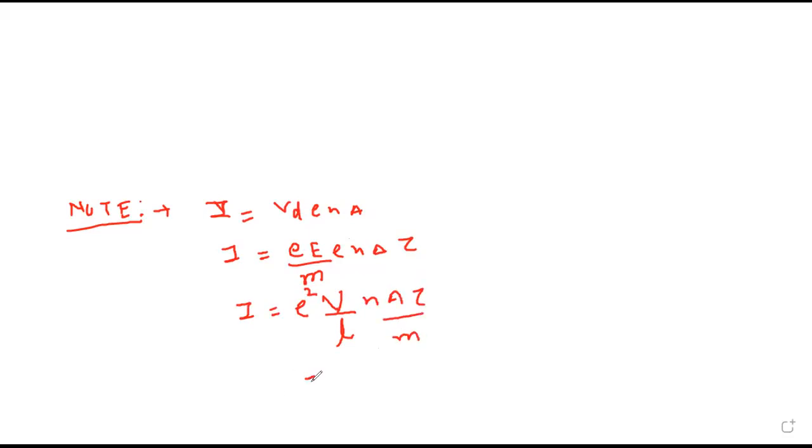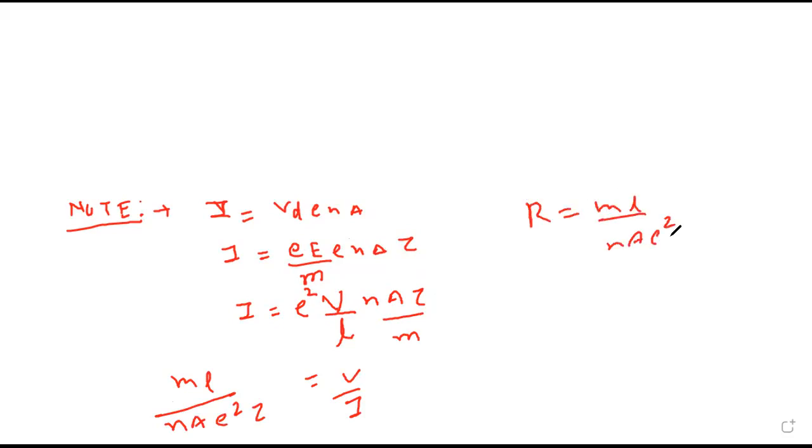Now V upon I will become m l upon n A e square tau. So R is m l upon n A e square tau.